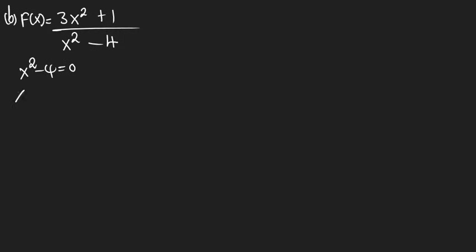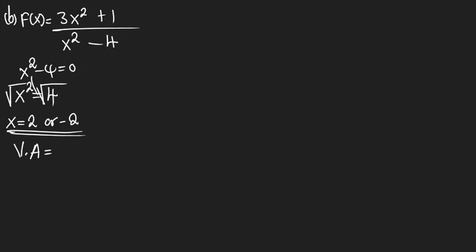Then this is going to give us x to the power 2 equal to 4. Square root of this, square root of that. If we cancel, our x is going to equal 2 or negative 2. So our vertical asymptote is going to equal 2 or negative 2.